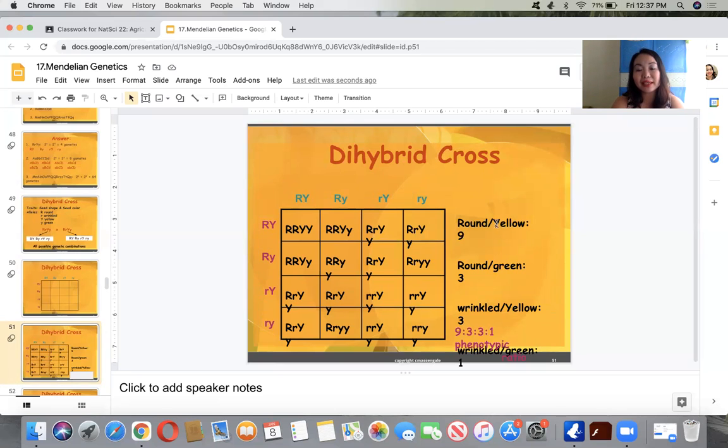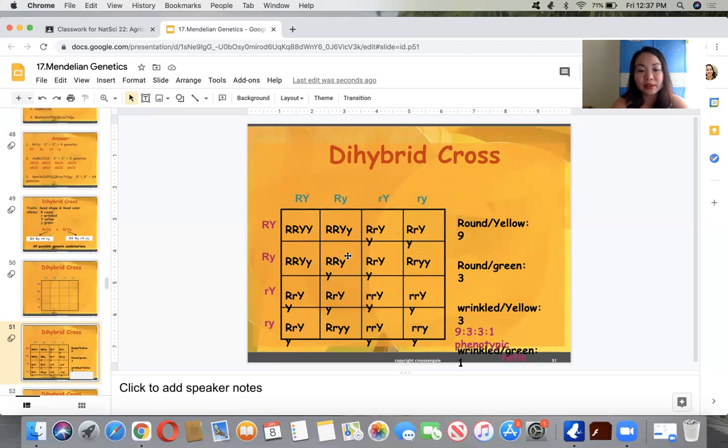So the round and yellow dominant, if you're going to count them, there are actually 9. 1, 2, 3, 4, 5, 6, 7, 8, 9.